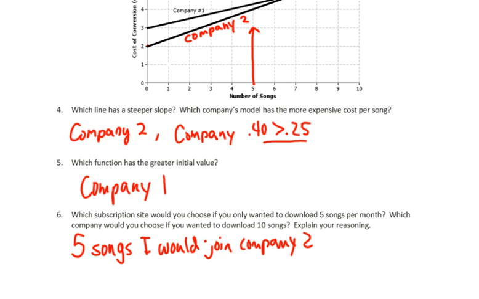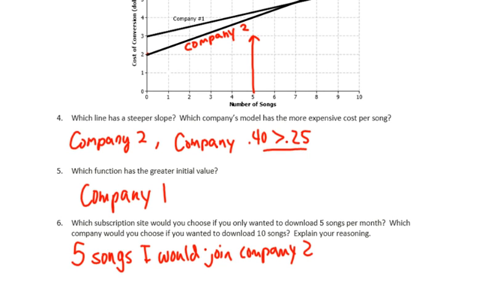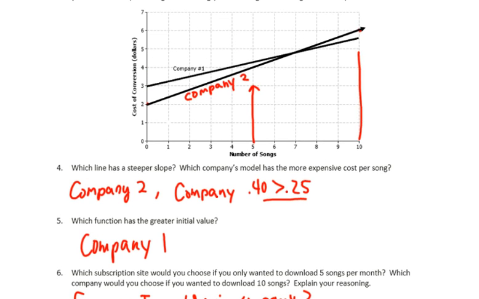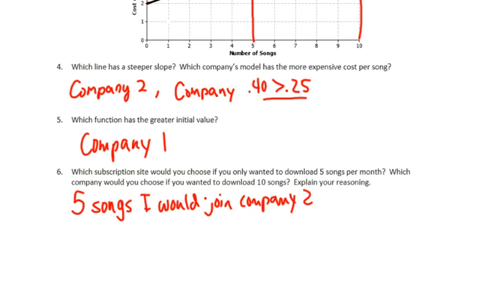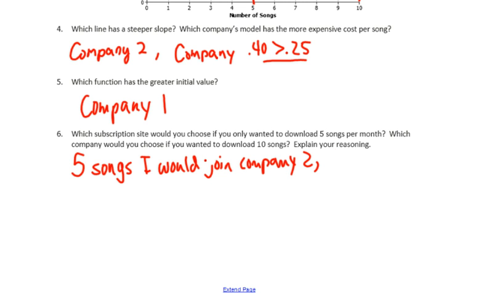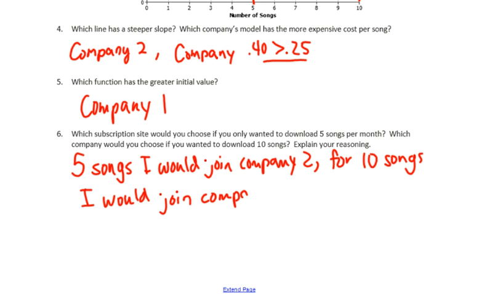Which would you choose to download 10 songs? And we go back up here and we follow 10 up here. We come to company 1 first. For 10 songs, I would join company 1.